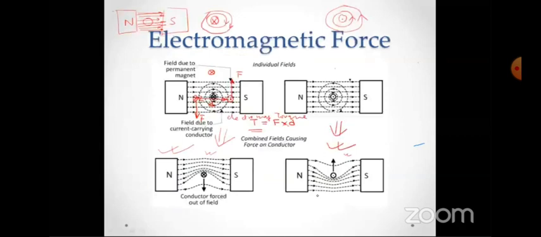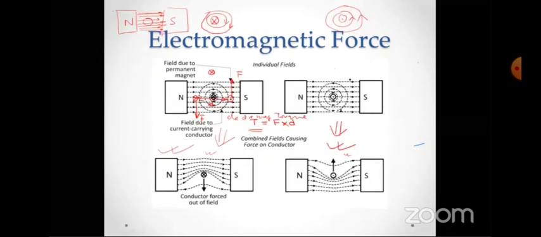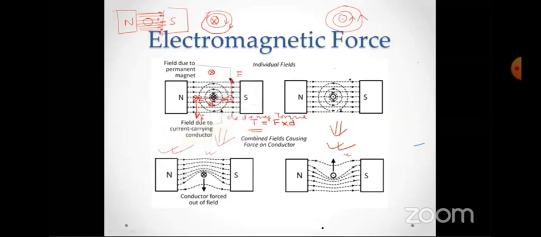If the dot current, the force will be in the upward direction, isn't it? Here the magnetic field is in this direction. Let us select first the pen. This is your magnetic field.